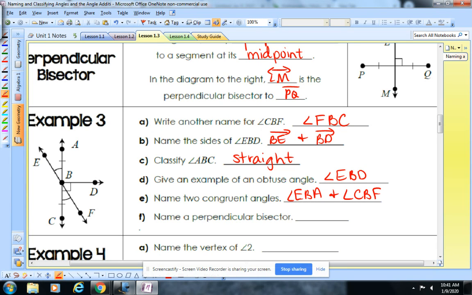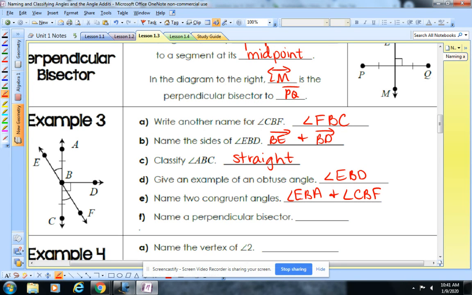Are there any others that are congruent that we know? Yes. They don't tell me this top one is a right angle, do they? But they tell me this one is, and I know together they have to make 180 because they make a straight angle, right? So I know this also has to be a 90 degree. Very good.